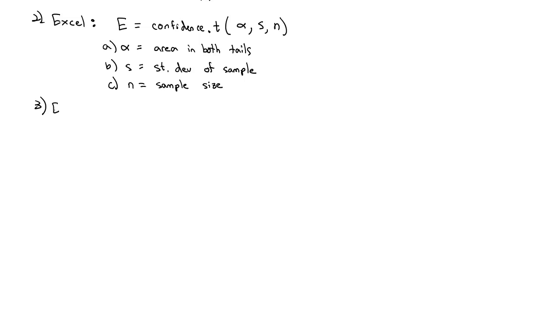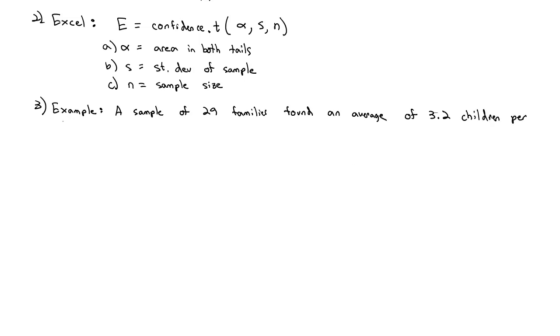So if we had an example where we have a sample of 29 families that found an average of 3.2 children per family, with a standard deviation of 1.8 children.